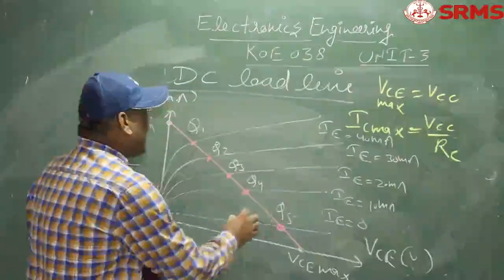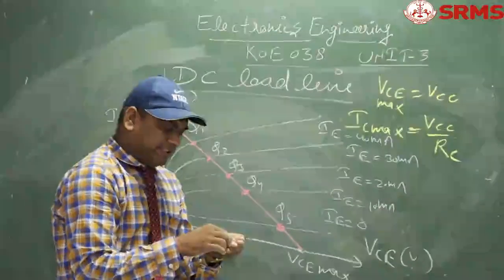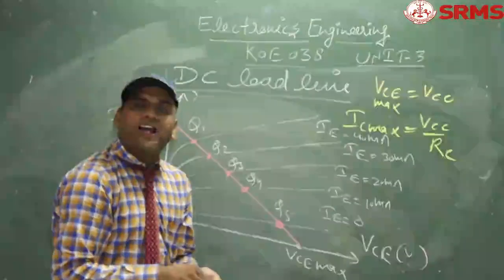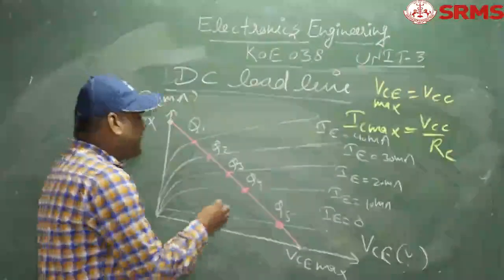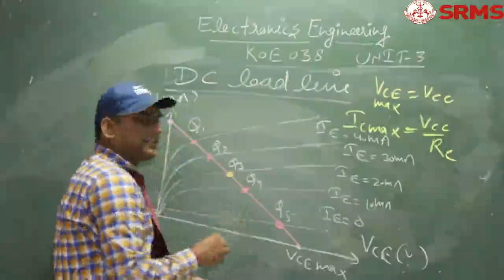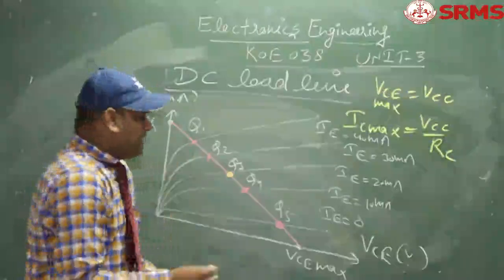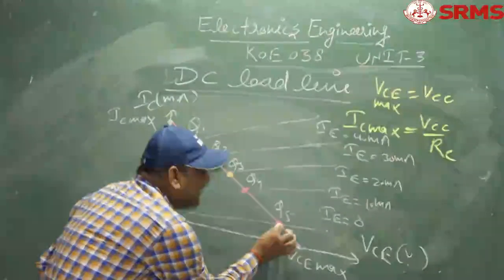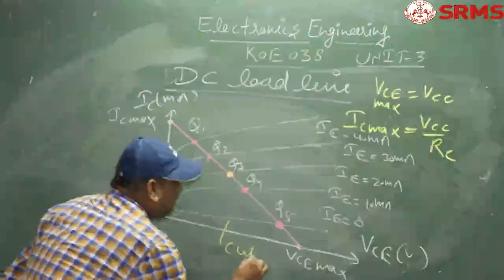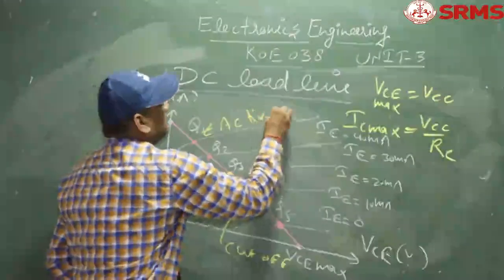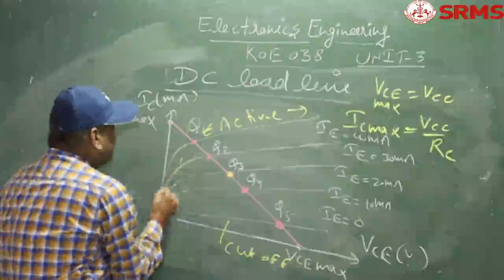So this is your DC load line. As far as amplification is concerned, the location of the operating point, or Q point, must lie in the middle of the characteristic. If you want to use the transistor as an off switch, the Q point must lie in the cutoff region, because this is the cutoff region. This is your active region and this is your saturation region.